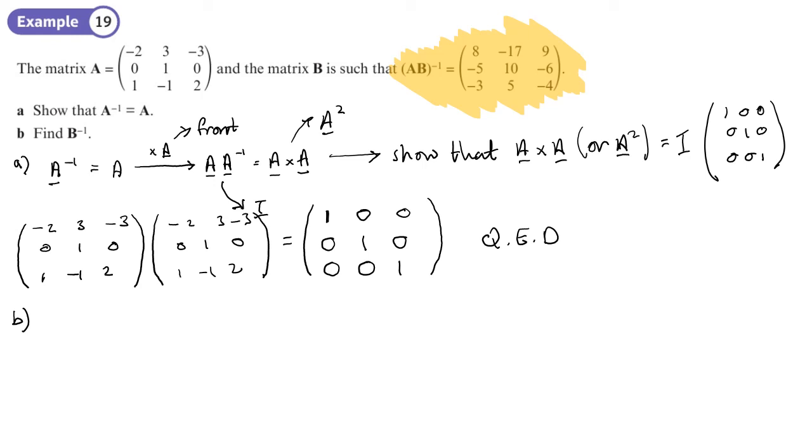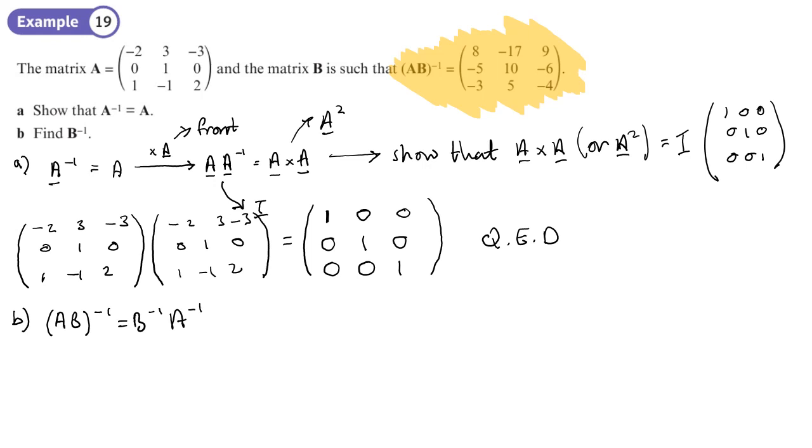So let's start with the statement that we've been given, which is the inverse of the product AB equals that. Now remember, in a previous section, we proved the statement that the inverse of the product is equal to the product of the inverses, but remember that these letters change order like that.